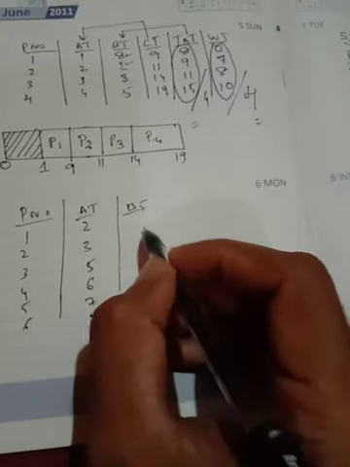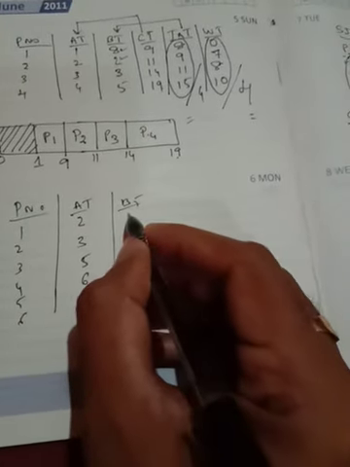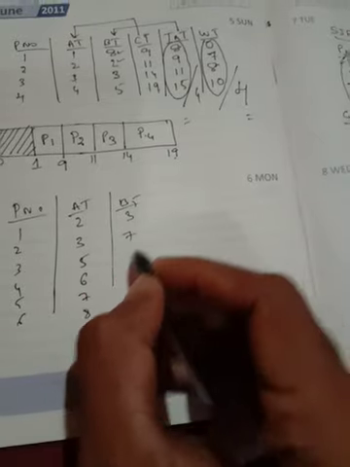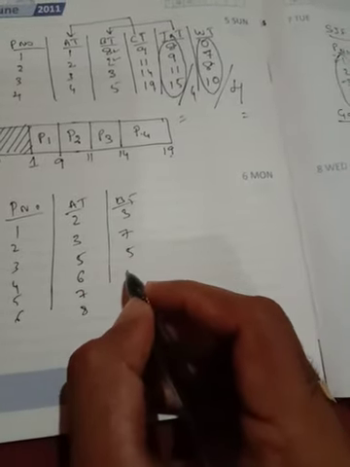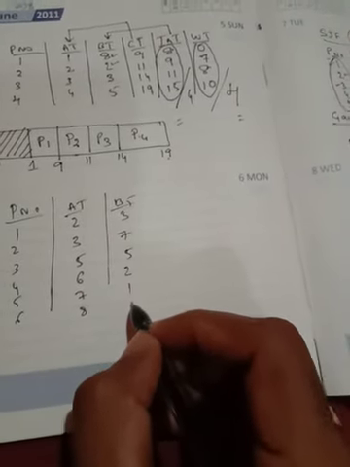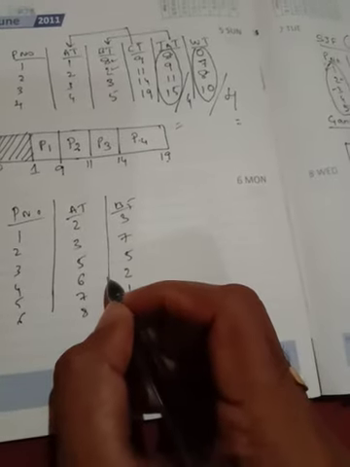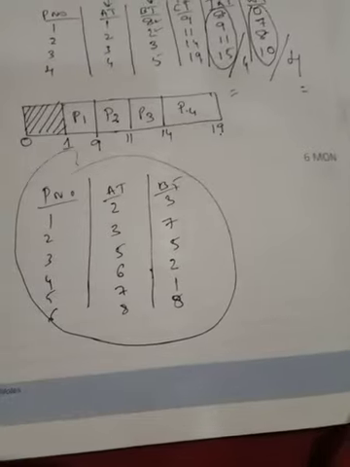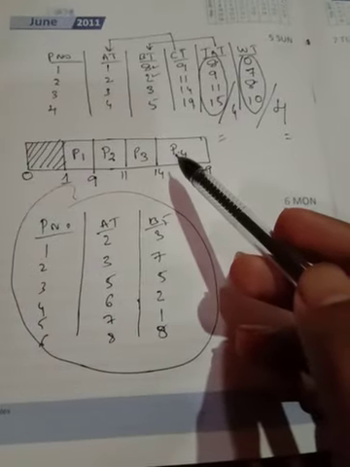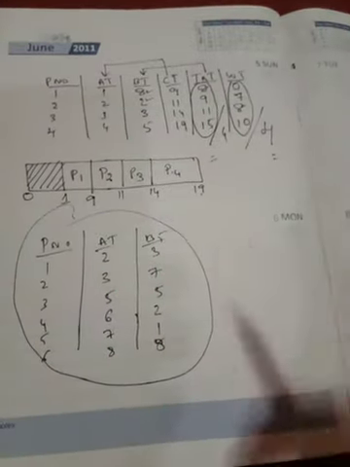And burst times, say for example, 3, 7, 5, 2, 1, 8. So try to solve this. Like this you can take any random values, try to build the Gantt chart, and try to calculate the things. Try to fill up all this data.